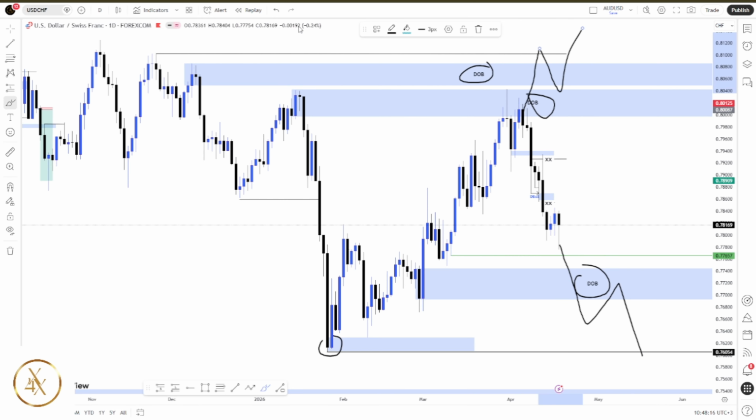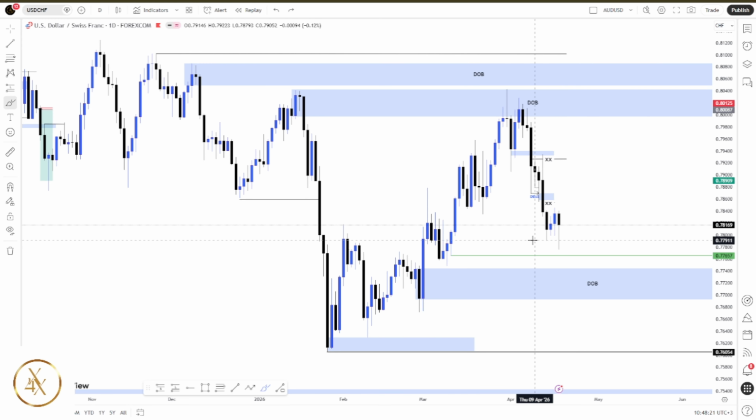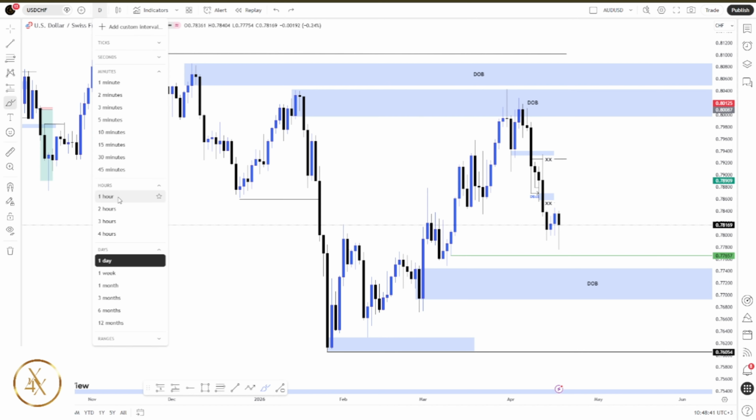So they become my points of interest. On the daily, I'd seen a rejection. Price had made a high and it had started making lows, meaning that they had rejected the level or the POI.